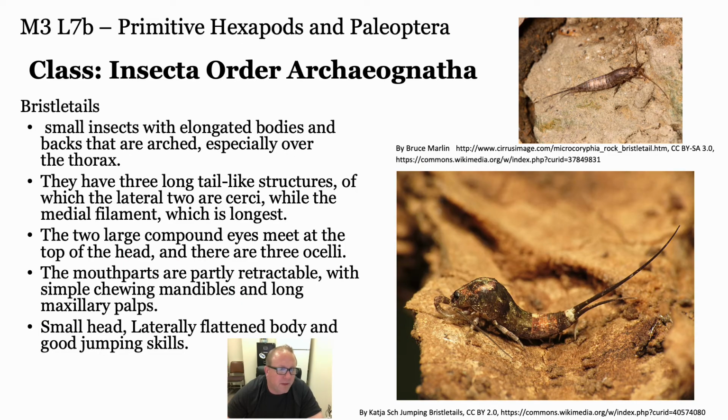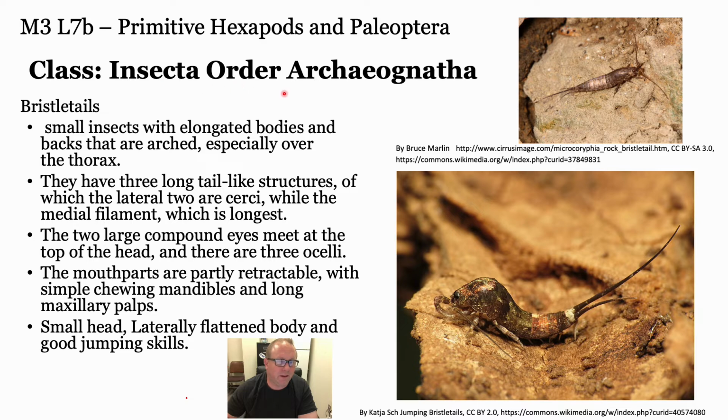So what do we got here? The first are the Archaeognatha. Well, I guess it won't let me go back, which is kind of interesting when you're in recording mode. That's okay. The Archaeognatha, right?